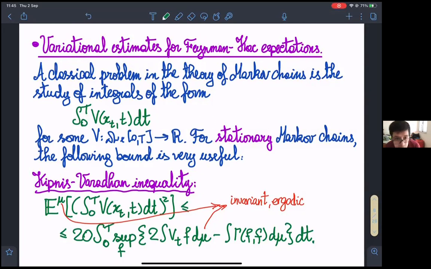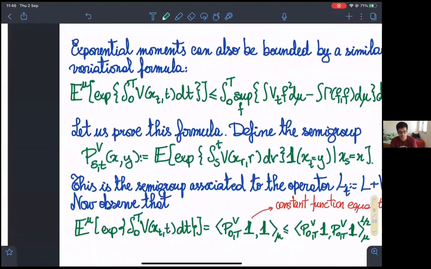So this bound is the best possible value up to a constant factor, which is a universal factor. This is the Kipnis-Varadhan inequality. It's very useful in many contexts, and it's a first instance where these variational inequalities appear.